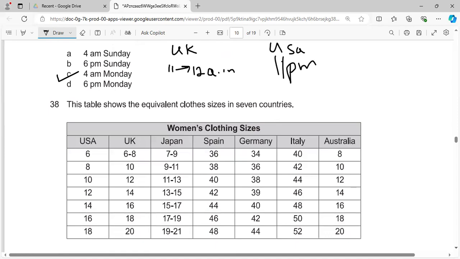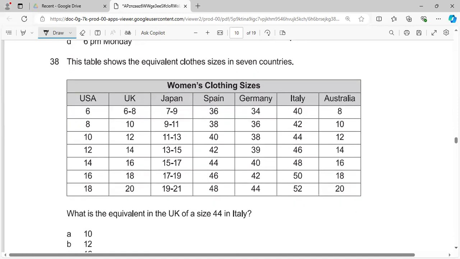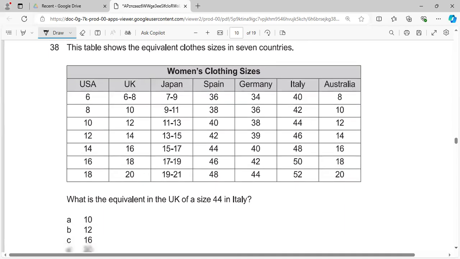The table shows the equivalent clothing sizes in 7 countries. What is the equivalent in UK of a size 44 in Italy? This is everything are maths, guys. Everything is maths. Let's go.